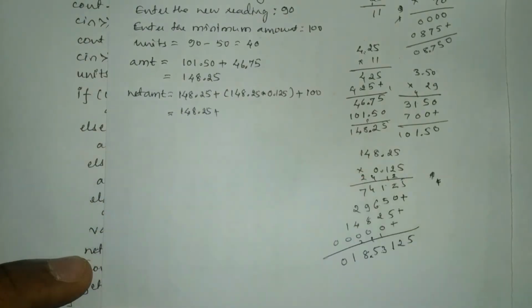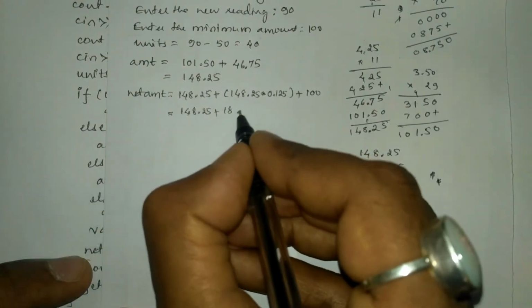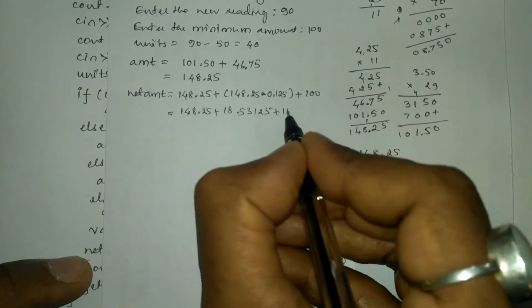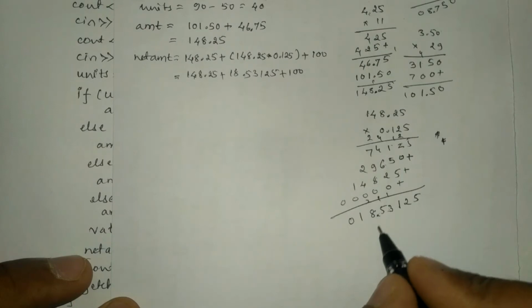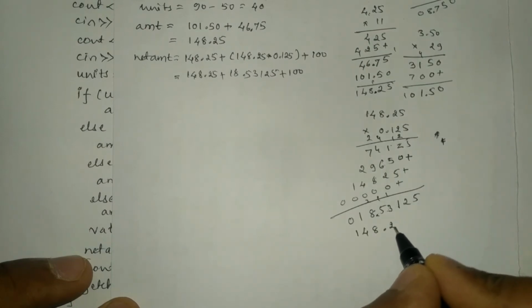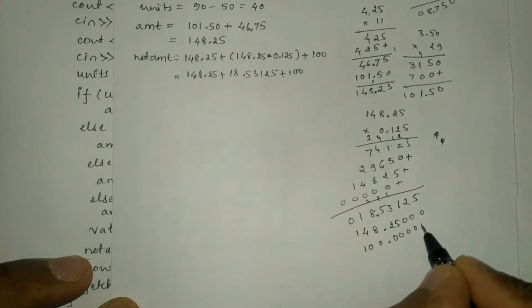Next, 148.25 plus this value, 18.53125, plus 100 rupees. So next we'll add this value with 148.25, and you can write zeros here and then add 100 rupees, 100.0000.